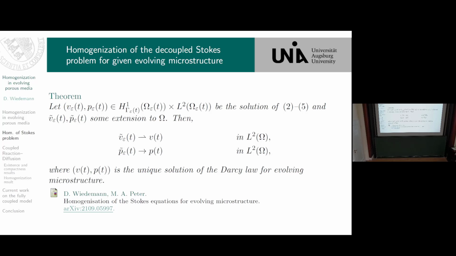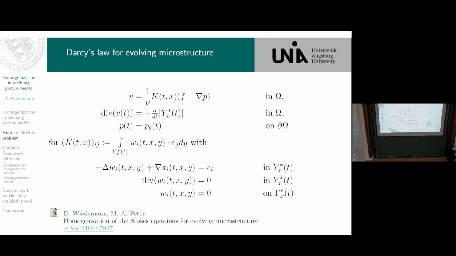We get the strong convergence, and v and p are the solution of the following Darcy's law for evolving microstructure, which is given here. It looks like the classical Darcy's law. So the velocity is equal to the negative gradient of p, but now the permeability becomes time and space dependent because it has to capture the local microstructure.